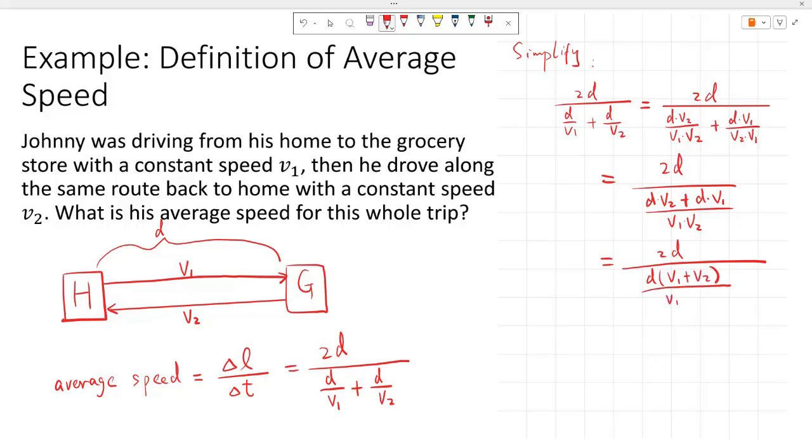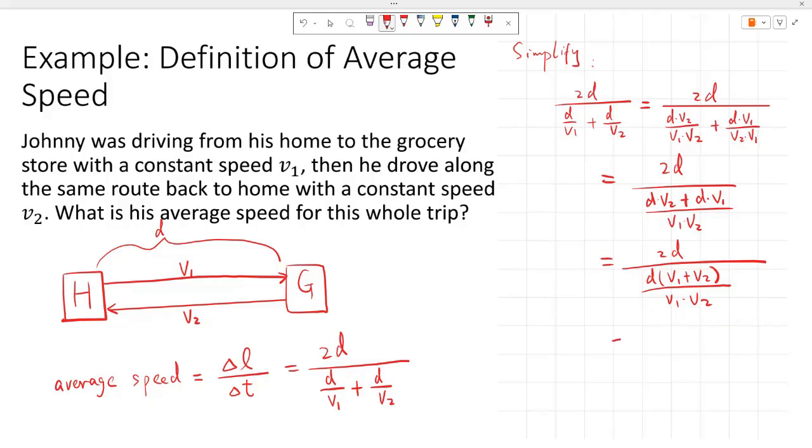Over v1 times v2. Now we're going to recall a very important property of division. If you divide anything by a fraction, it's equivalent to multiplying by its reciprocal.